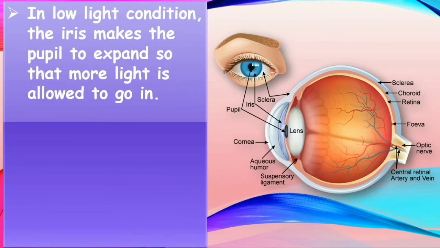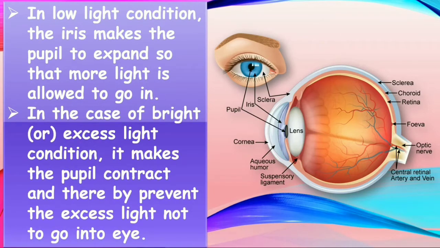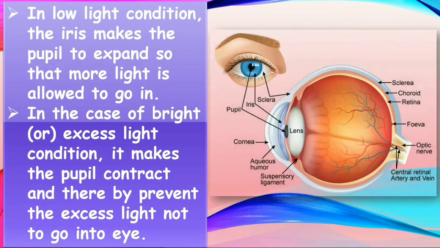In low light condition, the iris makes the pupil expand so that more light is allowed to go in. In the case of bright or excess light, it makes the pupil contract and thereby prevents the excess light from going into the eye.